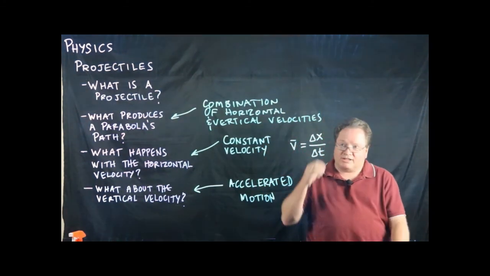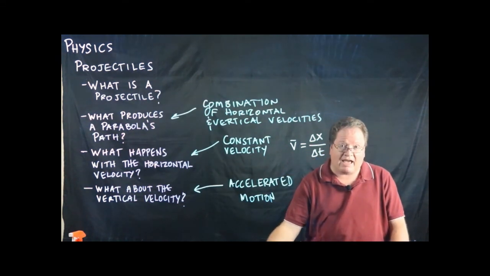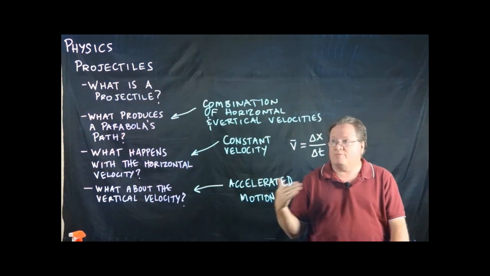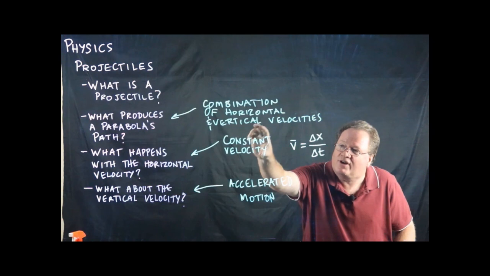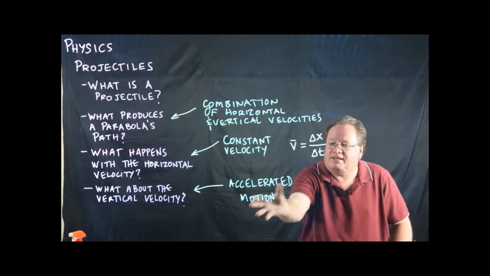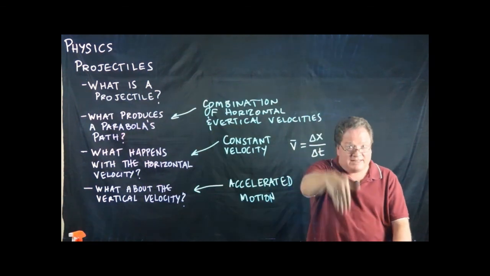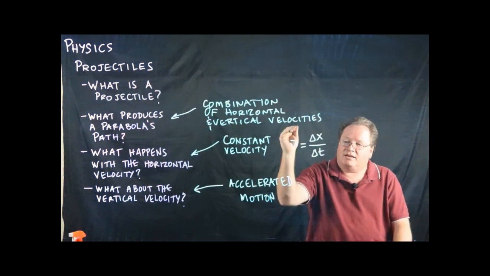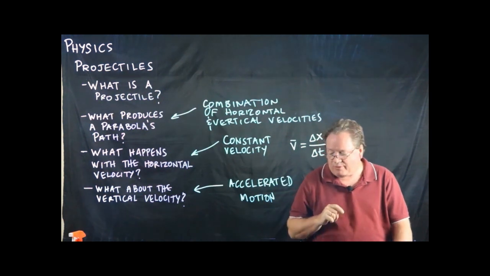So this essentially, you guys, is how projectiles work. This is how projectiles form the path that they take. It is the combination of that horizontal constant velocity together with the vertical velocity accelerated downward due to gravity. The combination of those two is going to give you a parabola.